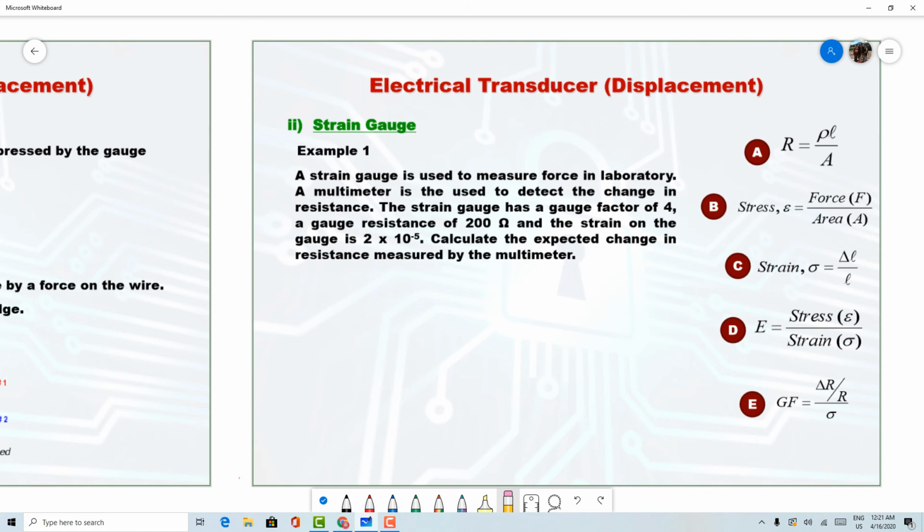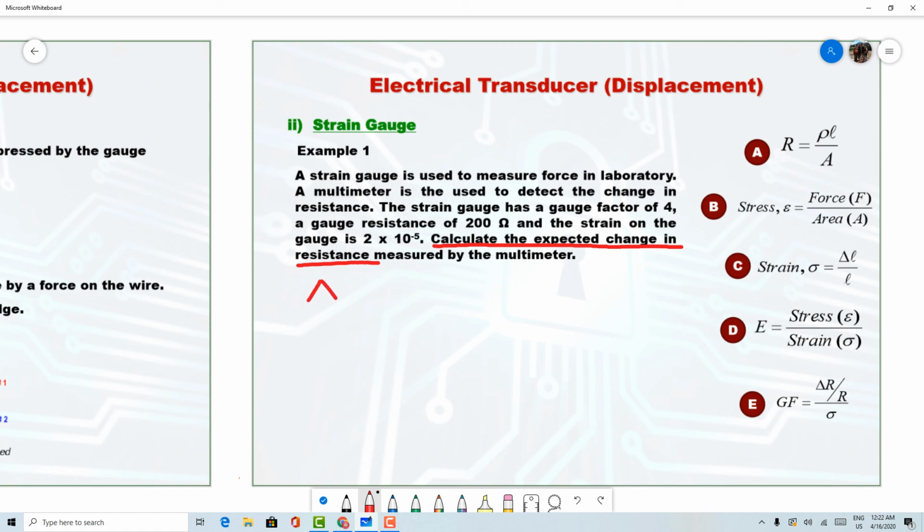They give a gauge factor, the gauge resistance is 200 ohm, and the strain on the gauge is 2 times 10 to the minus 5. You have to calculate the expected change in resistance measured by the multimeter.